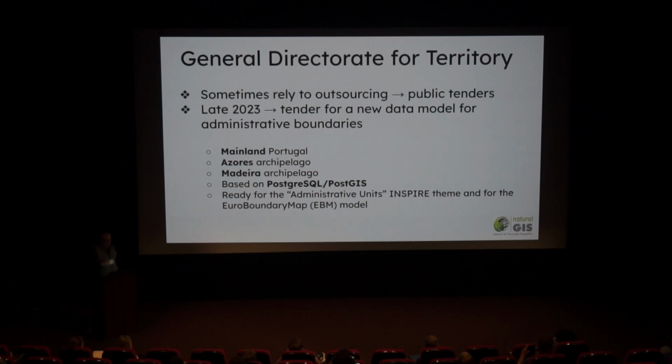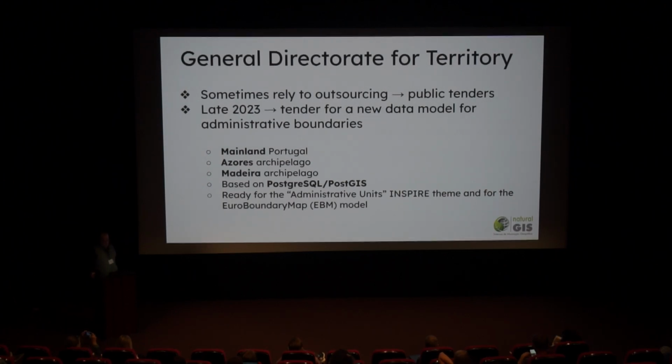And in late 2023, they opened a public tender about creating this new data model for administrative boundaries, and well, we got it. It was really not a very big tender, but regardless.